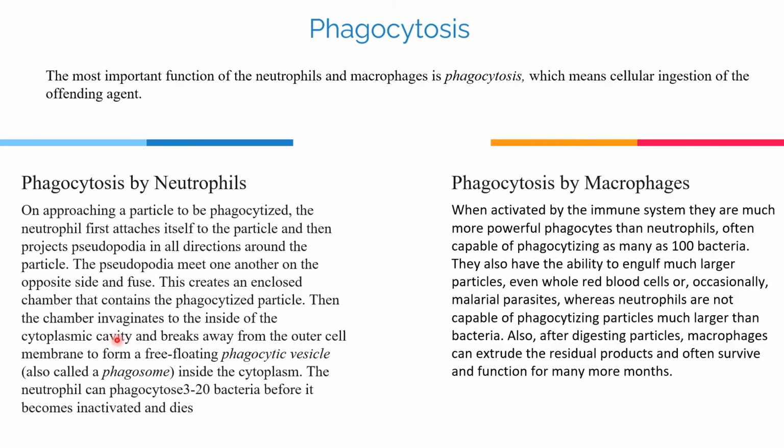The chamber then invaginates to the inside of the cytoplasmic cavity and breaks away from the outer cell membrane to form a free-floating phagocytic vesicle, which is also known as a phagosome, inside the cytoplasm. The neutrophil can thus phagocytize 3 to 20 bacteria before it becomes inactivated and dies.